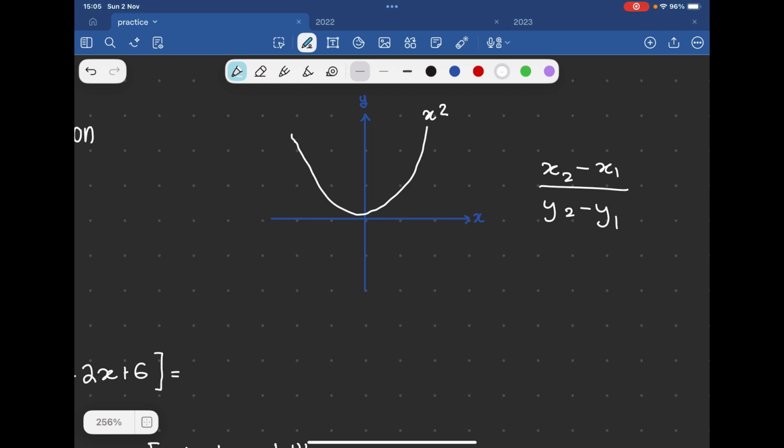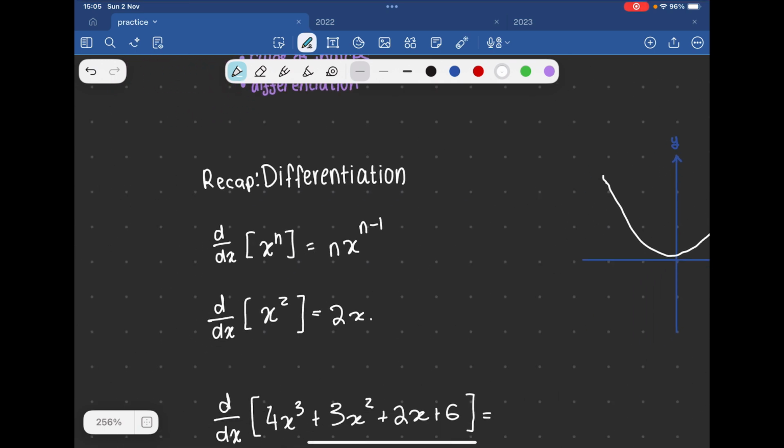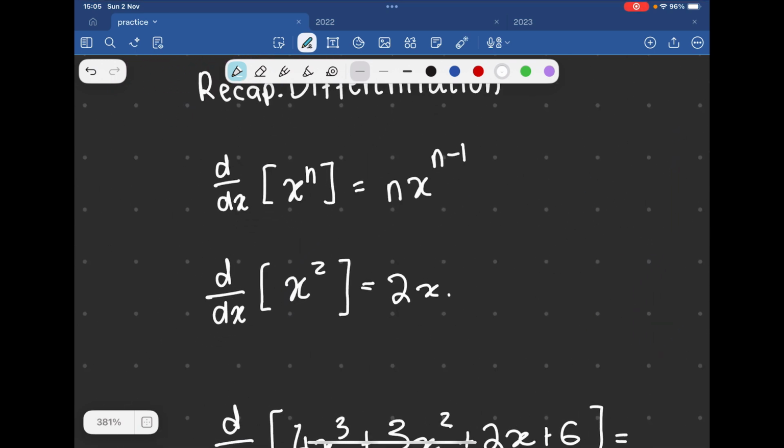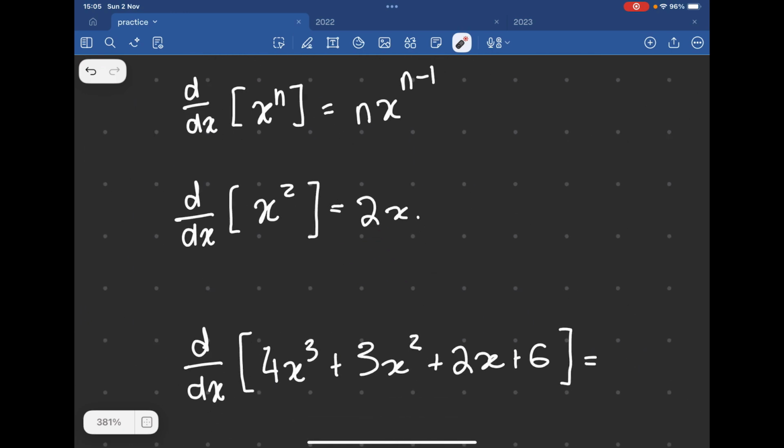However, when it comes to calculus, we don't have an exact graph of this function, and so we can't just choose any 2 points. And so using the power rule, we can calculate the rate of change or how steep the graph is. And in this case, it is 2x.